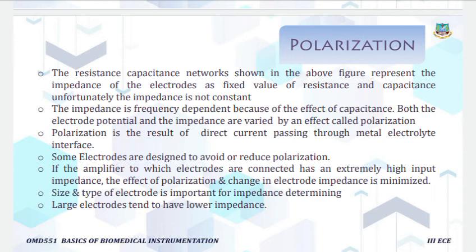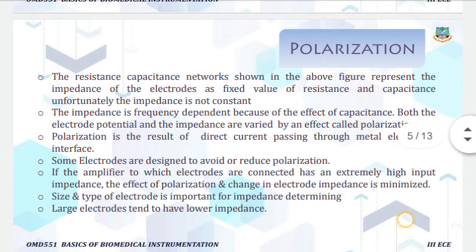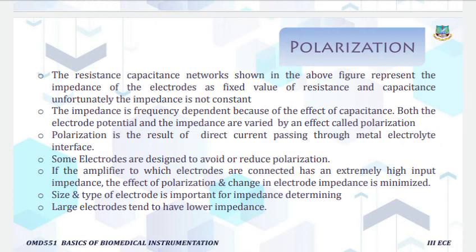The electrodes are designed to avoid or reduce polarization. If the amplifier to which the electrodes are connected has an extremely high input impedance, the effect of polarization and change in electrode impedance is minimized.